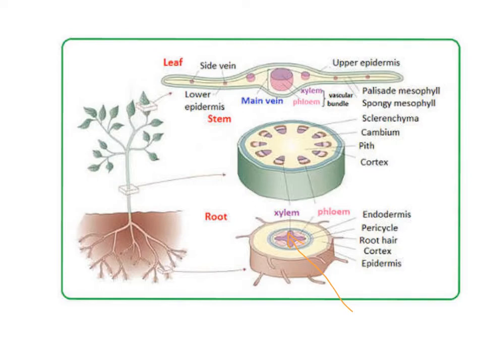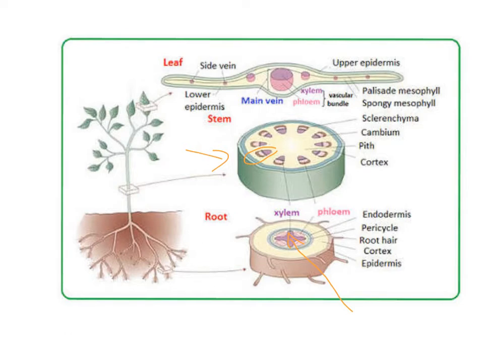And then the phloem is outside that. In the stem here we've got those vascular bundles we were looking at before, and the xylem there is towards the centre of the stem, and the phloem is towards the outside of the stem.